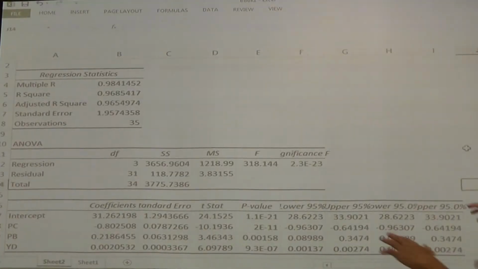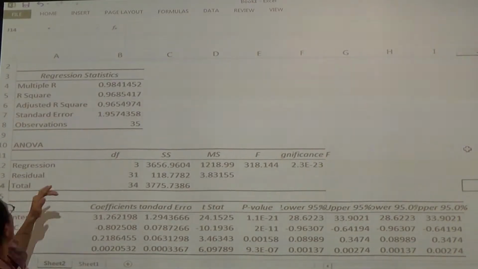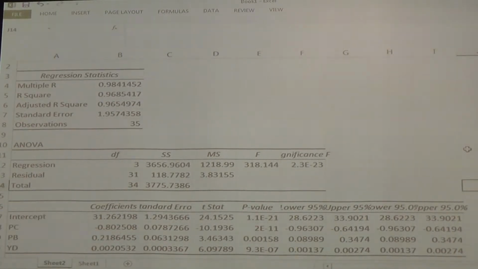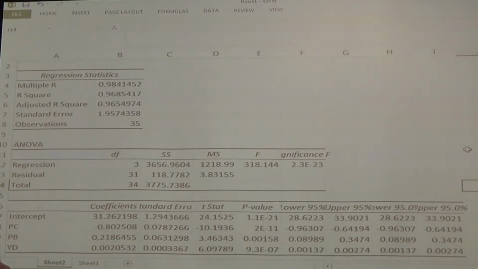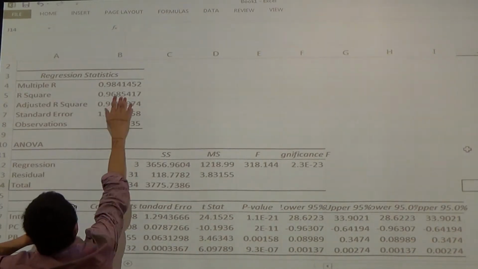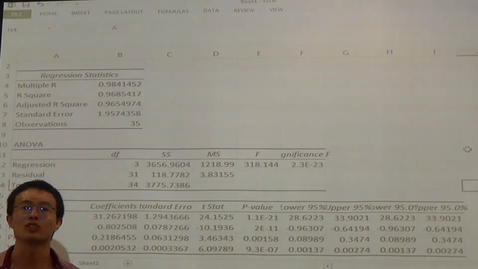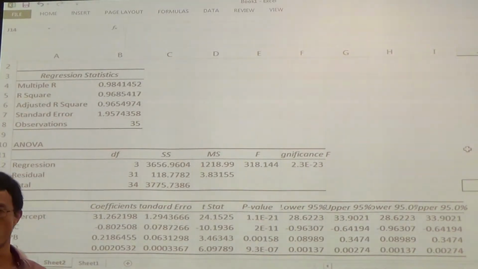When you get the results here, first thing you want to look at is R squared. R squared measures how good your regression fits the data. R squared ranges between 0 and 1. If R squared is 0, that means your estimation does not fit the data at all.